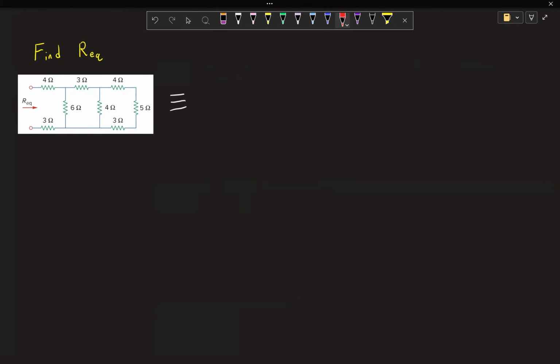So the first thing you're going to do is you're going to see these resistors. Those are all in series. So you can just rewrite the same circuit. But now you can just combine all of those three resistors into 4 plus 5 plus 3 is just going to give you 12.